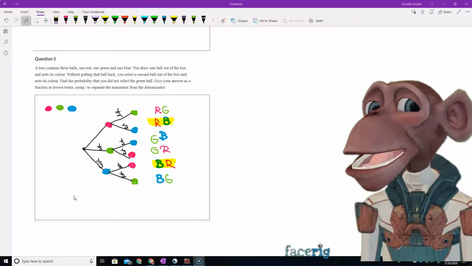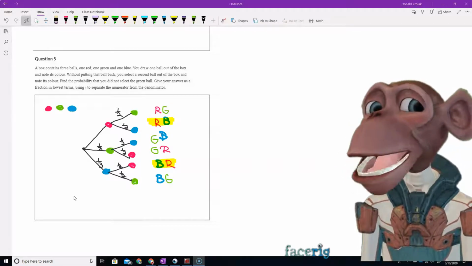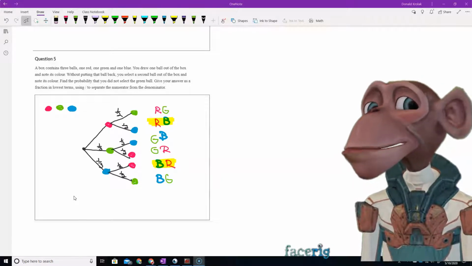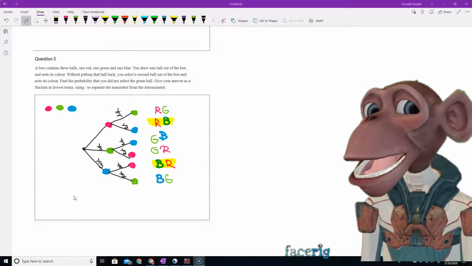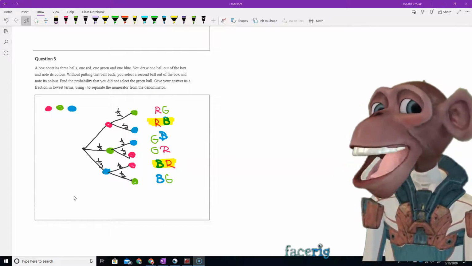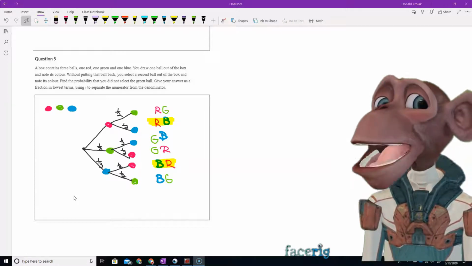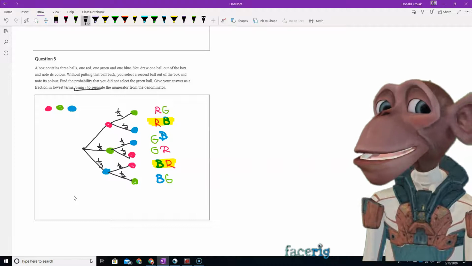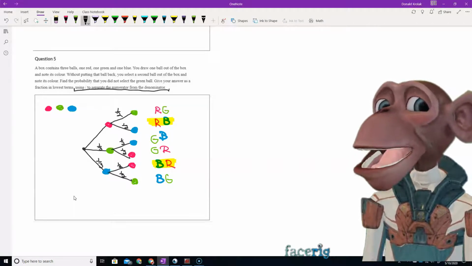Draw a ball out, note its color without putting it back, then select the second ball out of the box and note its color. Find the probability that you did not select a green ball. Give your answer as a fraction in lowest terms using a slash. Oh, so this is how it is when you're typing it in.